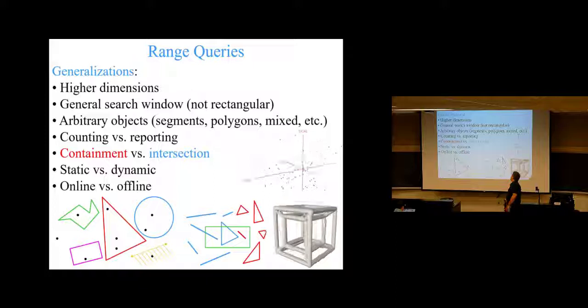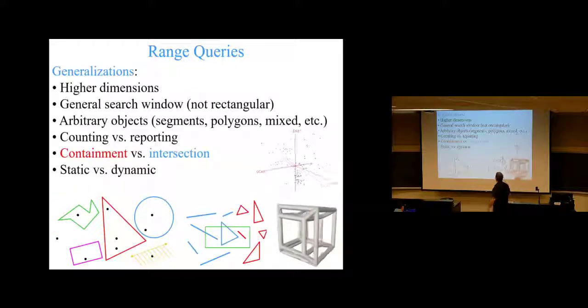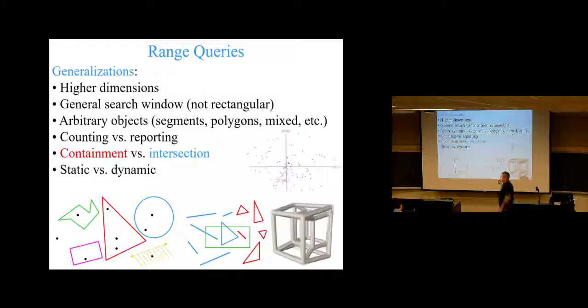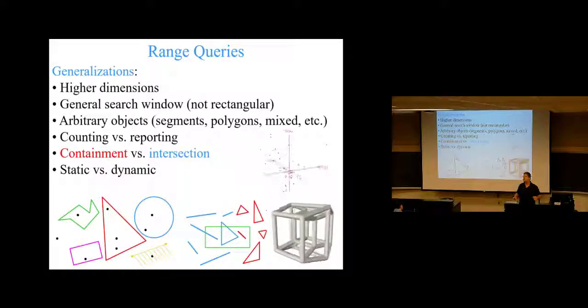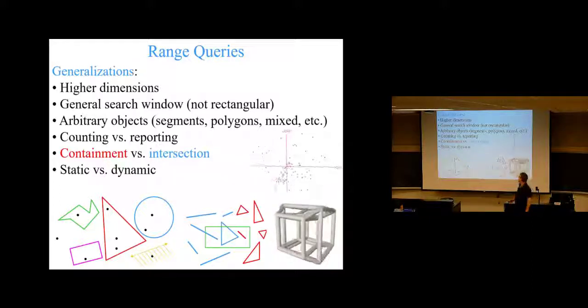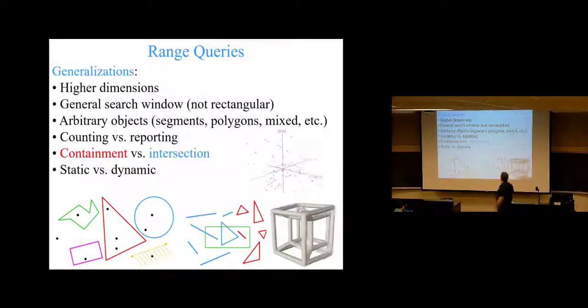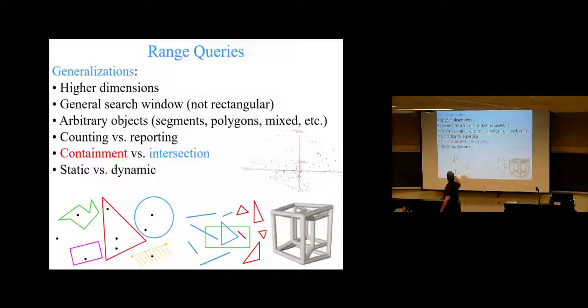Then there's online and offline versions, and you can get into all sorts of generalizations of this kind of problem. So we just did a basic version where the objects are points, nothing more complicated than that, and the query regions are rectangles, not anything more esoteric than that. But you can imagine how we would start generalizing in all sorts of dimensions, and you can have combinations of these.